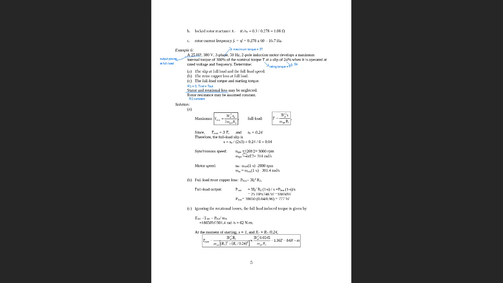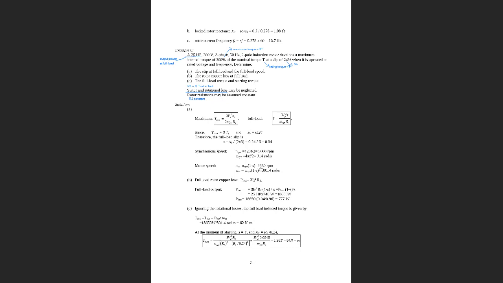Then for a 2-pole machine at 50 hertz, the synchronous speed is 3,000 rotations per minute, or 314 radians per second. Then the motor speed is the synchronous speed times 1 minus the full load slip.